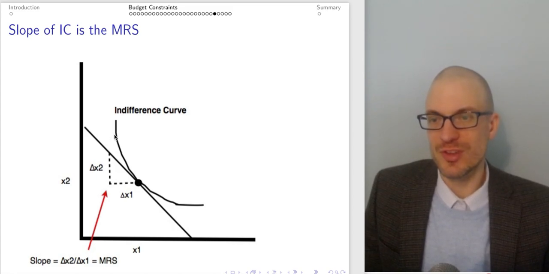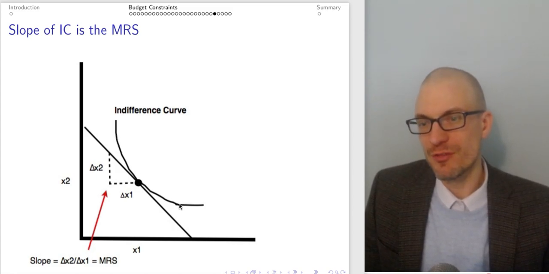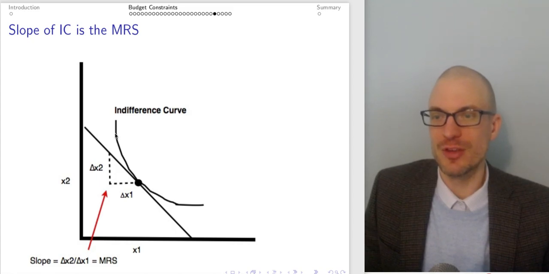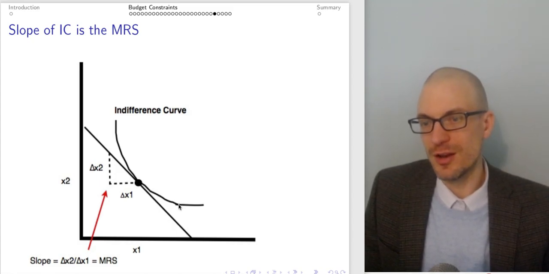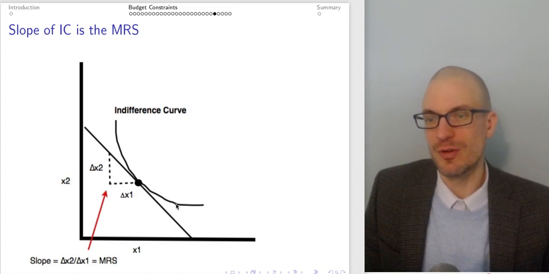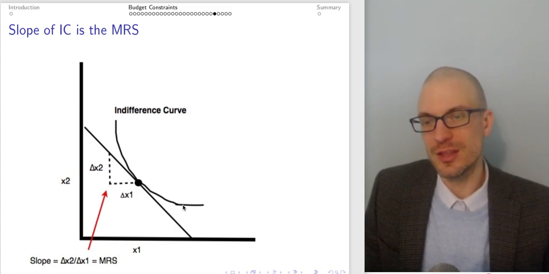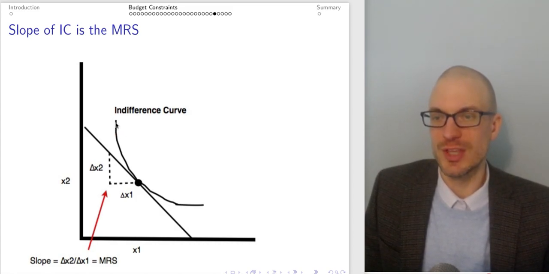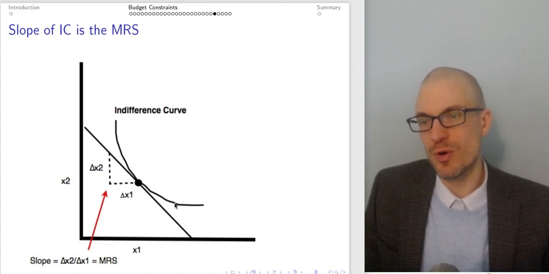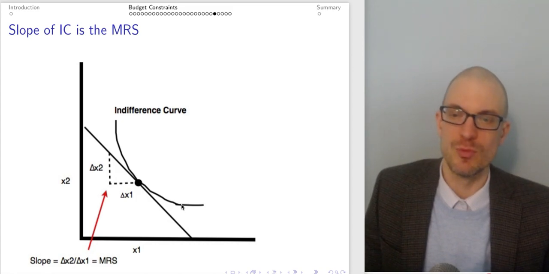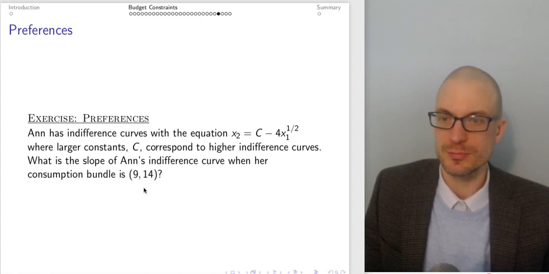Notice the indifference curve has a steeper slope here and a flatter slope here, telling me that my MRS is bigger here in absolute value than it is here. We'll have a smaller MRS down here, which tells us the rate at which I'm willing to give up good 2 for good 1 is higher here than here. Here I'm willing to give up quite a bit of good 2 to get a little bit of good 1. Here you have to give me quite a bit of good 1 to make me want to give up a little bit of good 2.